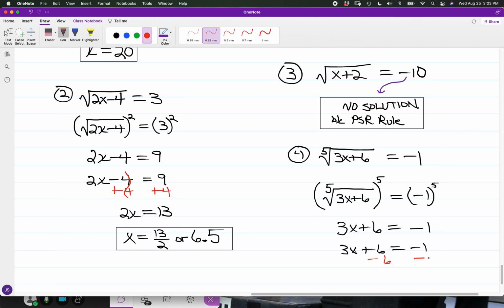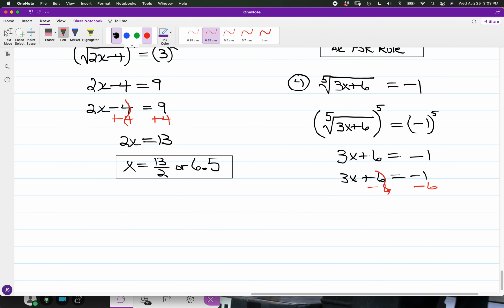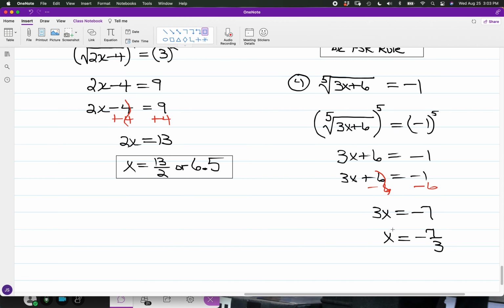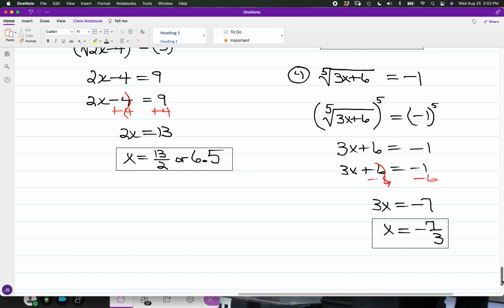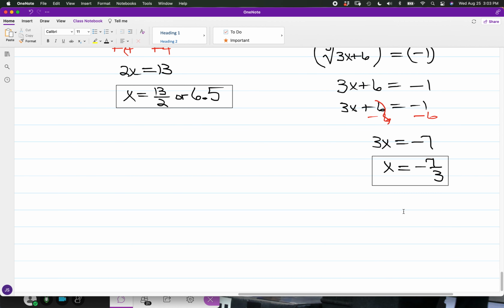Upon isolating the variable, we got 3x is equal to negative 7, whereupon we're going to have x equal to minus 7/3. And there will be further cases involving radical equations.